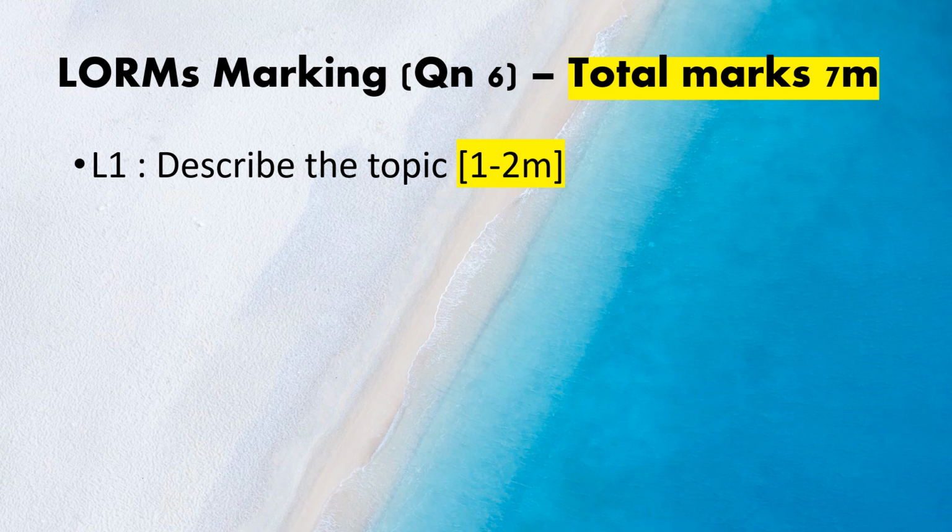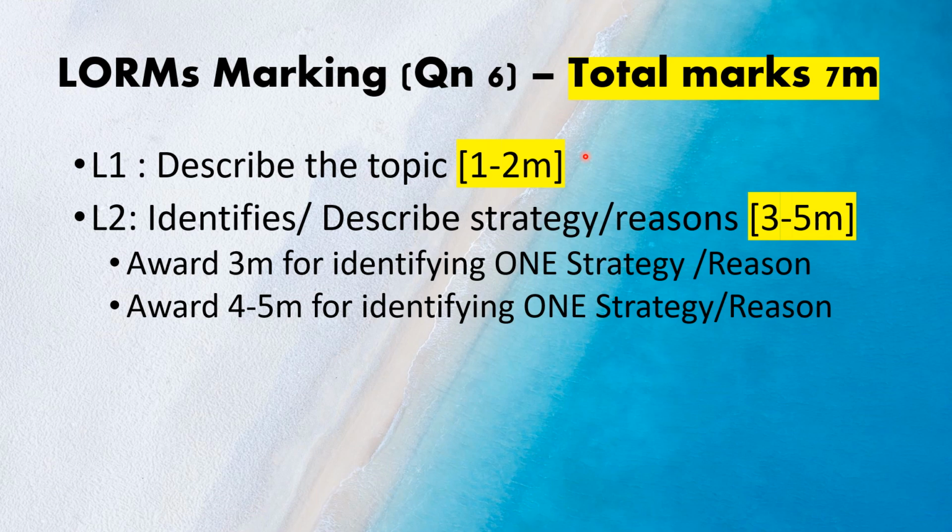For level 1, you are describing the topic and you are able to get as high as 1 to 2 marks. For level 2, if you identify or describe a strategy or reason, it's 3 to 5 marks. Award 3 marks for identifying one strategy and 4 to 5 marks for describing that one strategy.